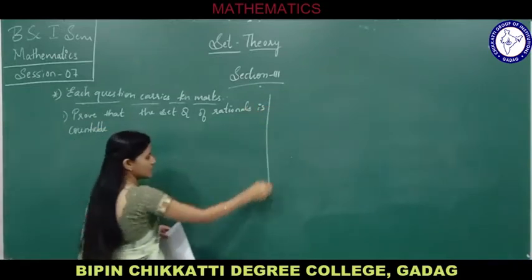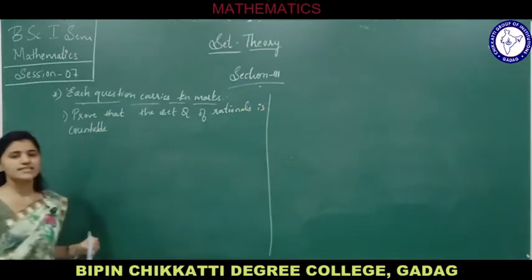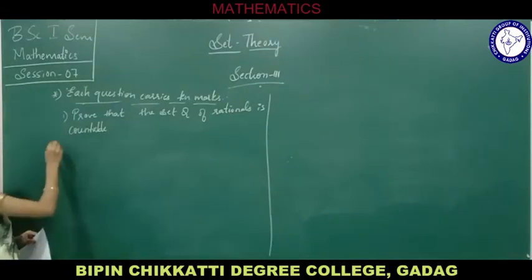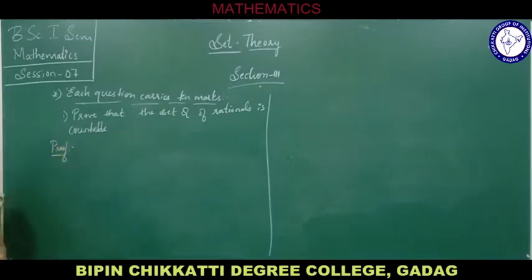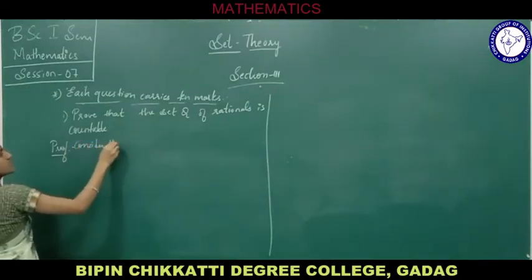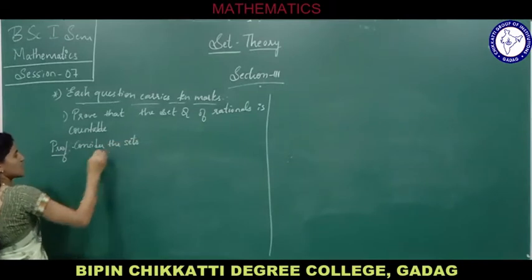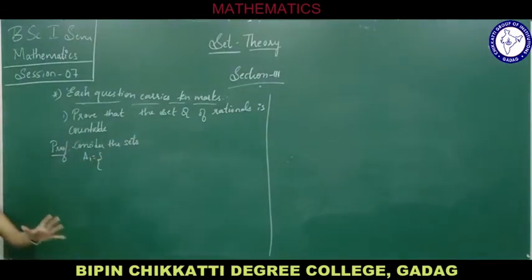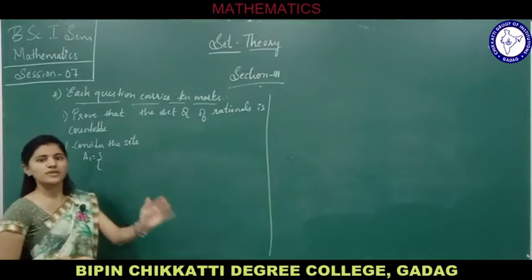It is just that we need to prove that the set of rational numbers is countable. Again we are going to consider the sets. In what manner? Consider the sets. A1, it is of what form? Rational numbers, in the sense that it should be in the form of p by q, right?